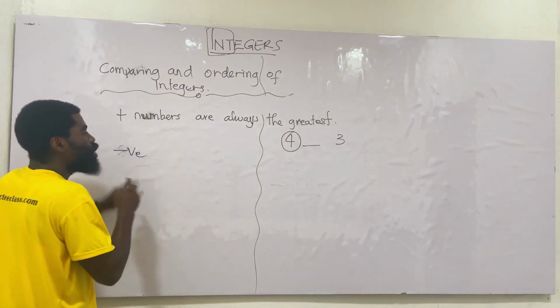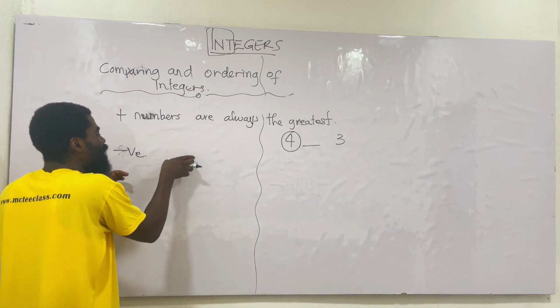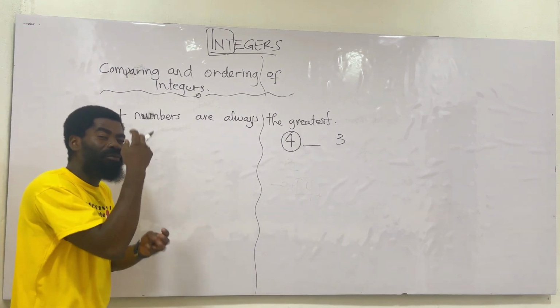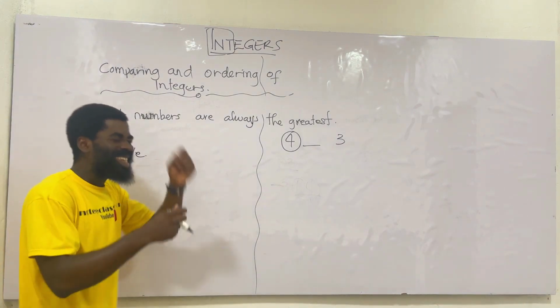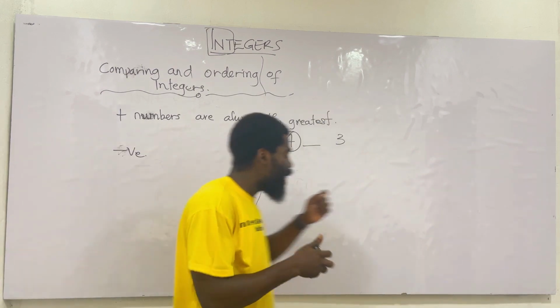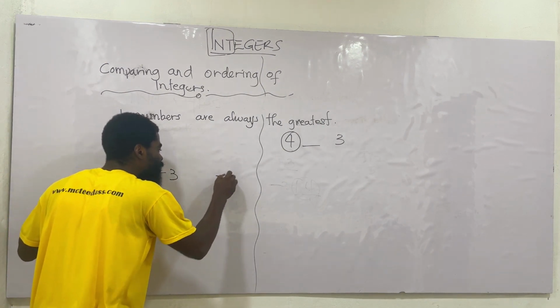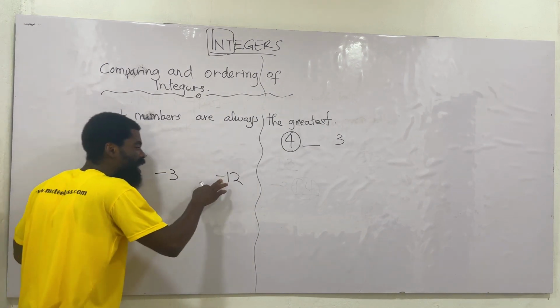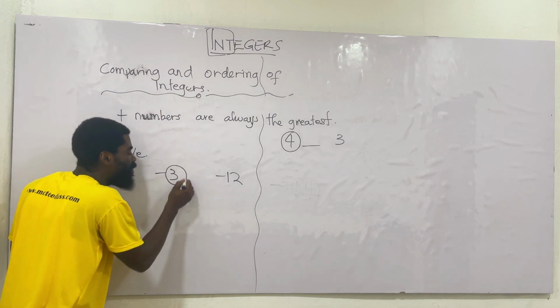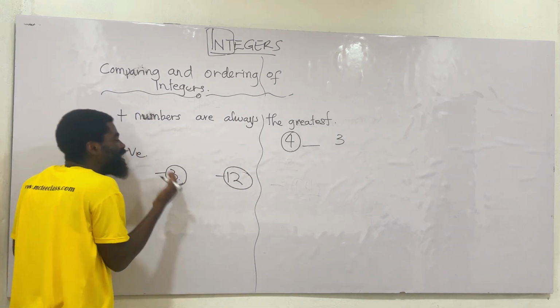When you are comparing among negative numbers, the negative with the smaller value, as in -3 compared to -12. They both have a negative sign, but this one has a smaller value, 3, and this one has a value of 12. This guy is the greatest.